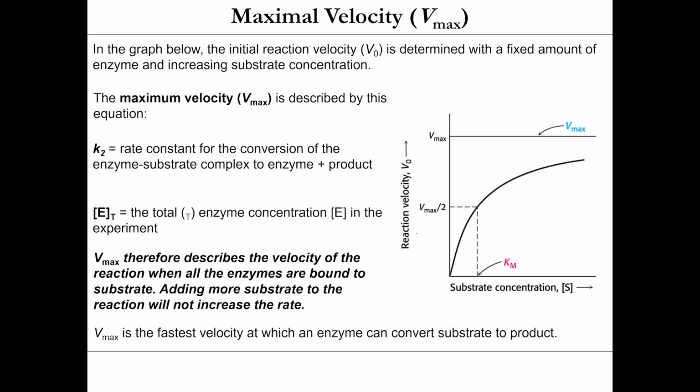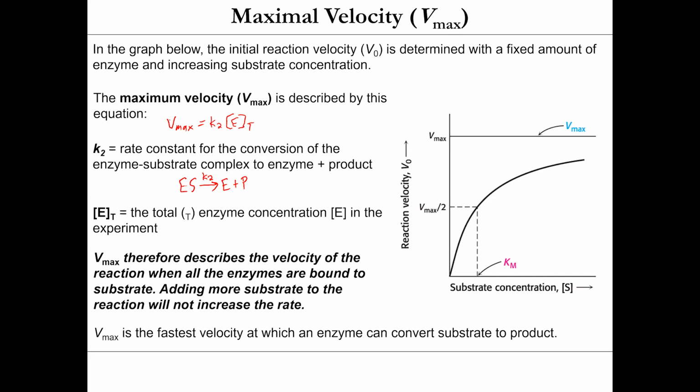The maximum velocity, Vmax, is described by the equation Vmax equals K2 times the enzyme total. And of course, remember that K2 is the conversion of the enzyme substrate complex into enzyme plus product, and ET is the total enzyme concentration in the experiment.